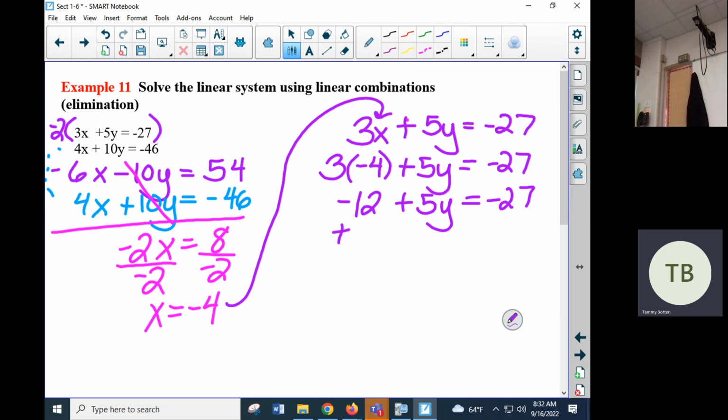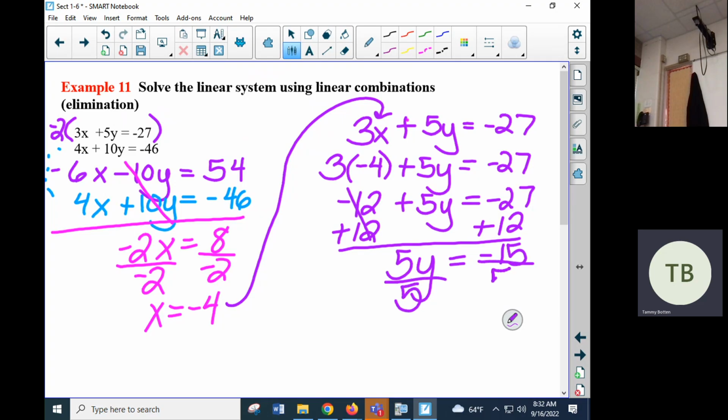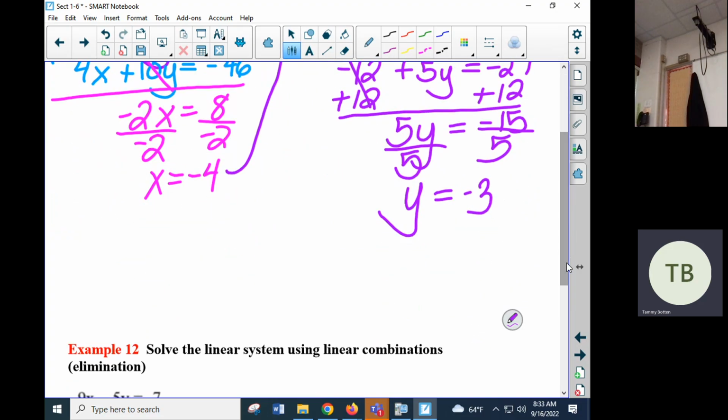Then I'm going to add 12. And I get 5y equals negative 15. Divide by 5. And y is a negative 3. And again, when you write your answer, you're going to write your answer as an ordered pair.